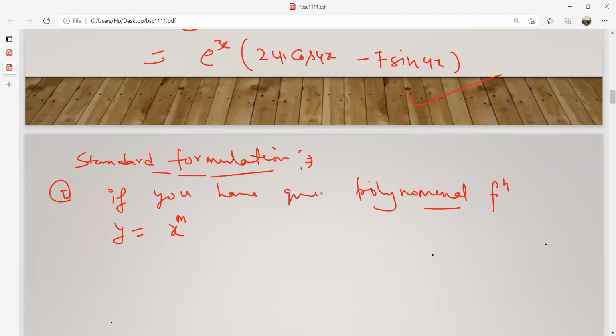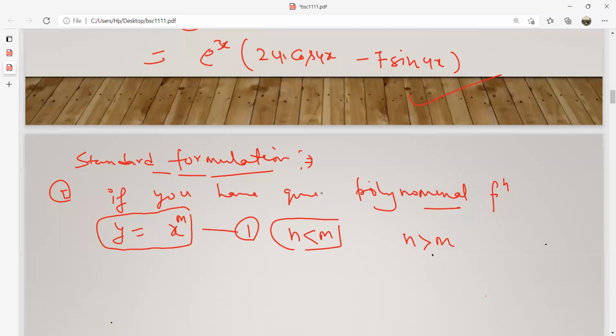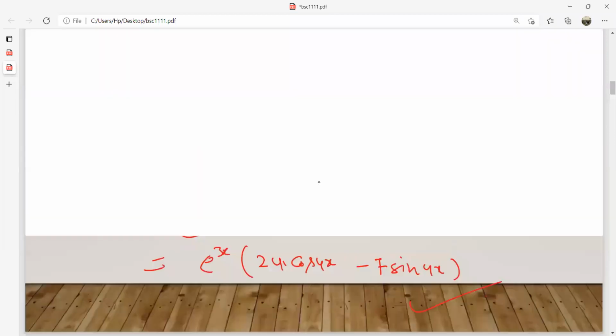If we differentiate this polynomial function of degree m, n times, and n is less than m, the differentiation is valid up to less than the degree m. If n is greater than m, then y^(n) is always 0.